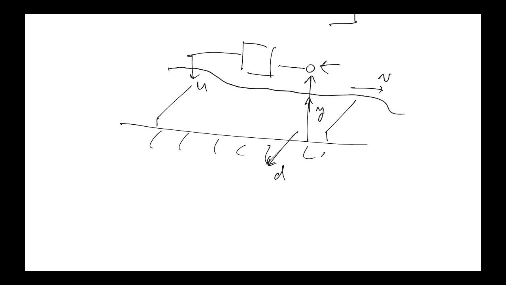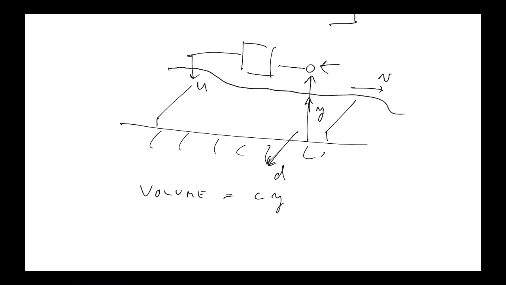The volume here, assuming that the cross-section of the pool is roughly constant along the channel, will equal some constant times the water level.